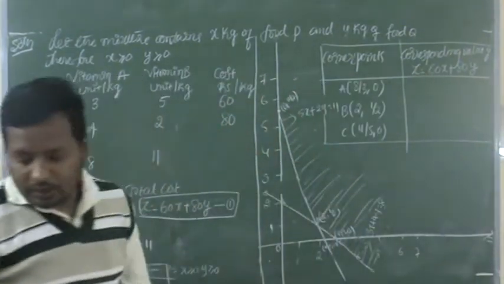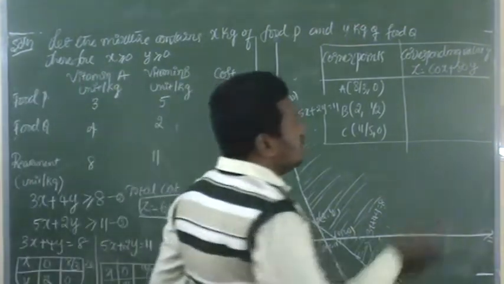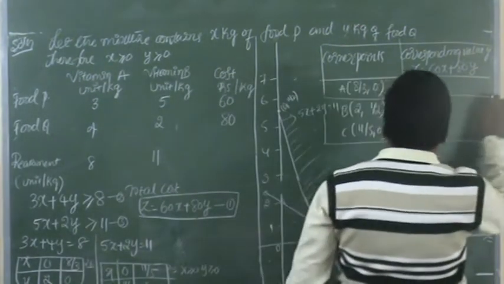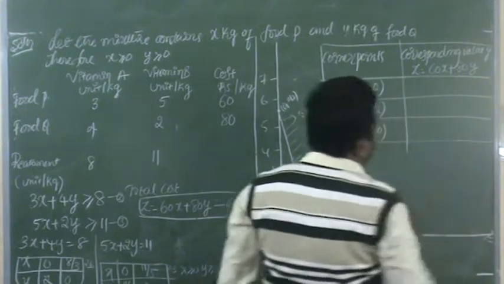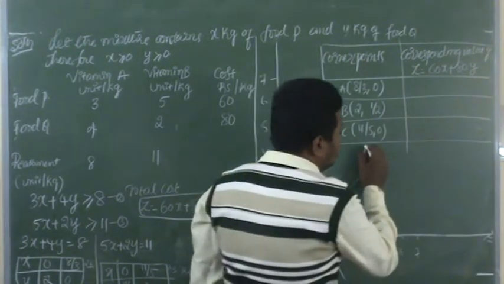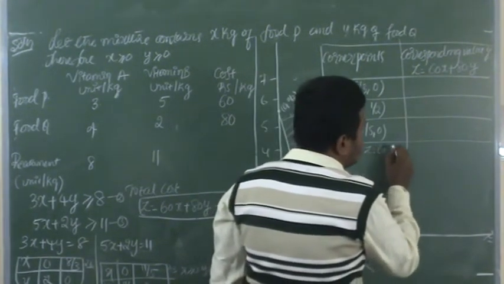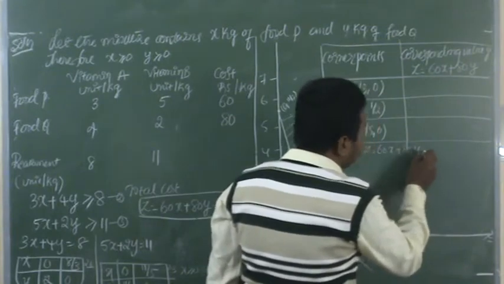Now we substitute in the objective function z equals 60x plus 80y.